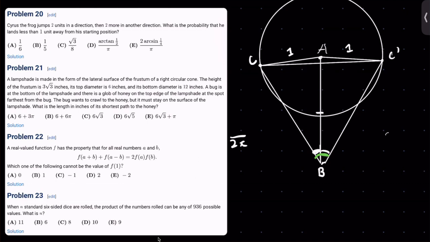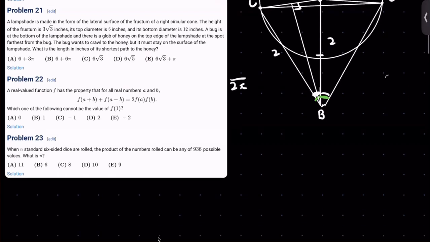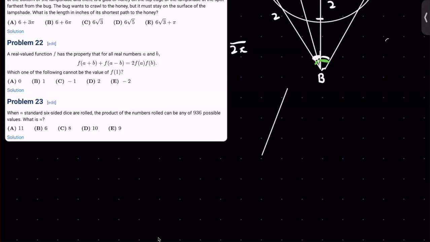Notice that AB is 2, BC is 2. So if we drop this perpendicular here, we can find that angle using the arc sine. If we draw the same triangle, then this is 2, this is 1/2, and let's call this angle theta.